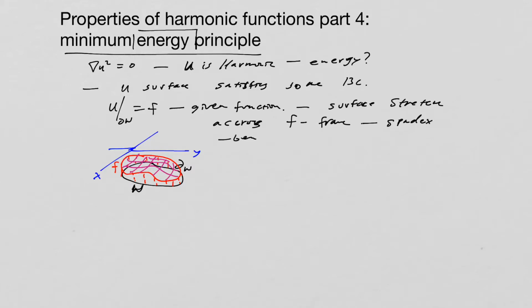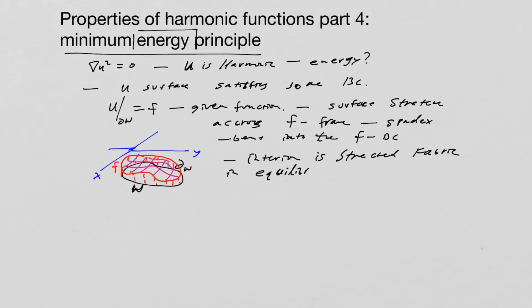It's sort of bent into the F boundary condition, and the interior is the stretched fabric in equilibrium. And in fact, that is a good model for what the Laplace's equation surface looks like.